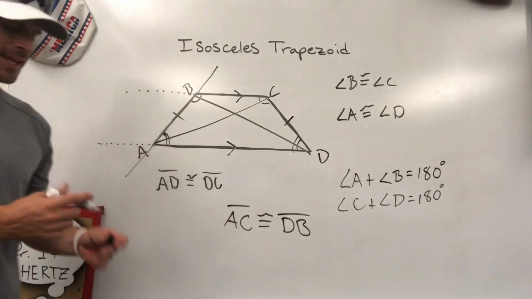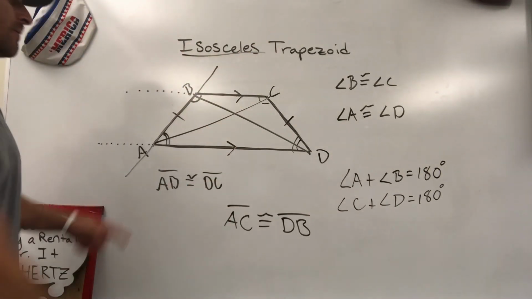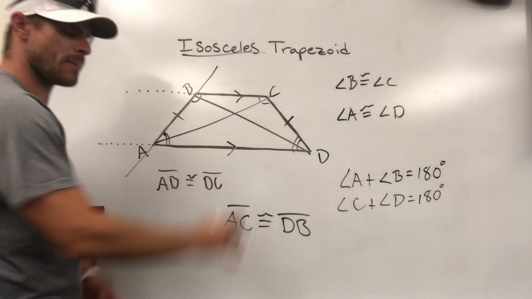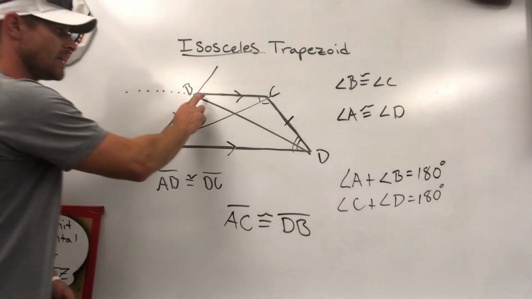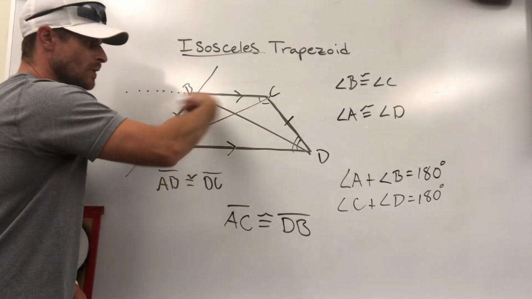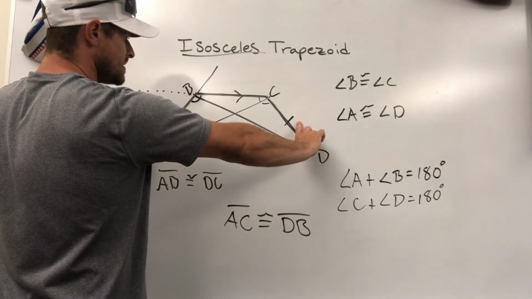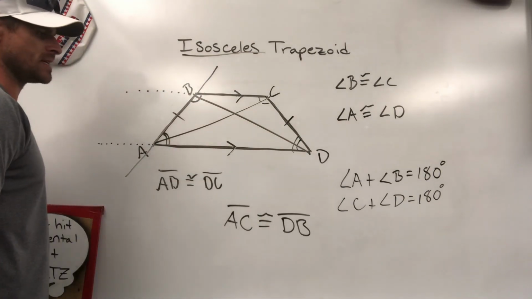So there's a lot of things we know just by being told something is isosceles. When we're told that, we know these two sides are congruent, which then causes a bunch of other things in the shape to be congruent as well. The angles on top, the angles on bottom. Remember, we've got our parallel lines. We're going to have congruent sides on the left and right side, and then our diagonals will also be congruent.